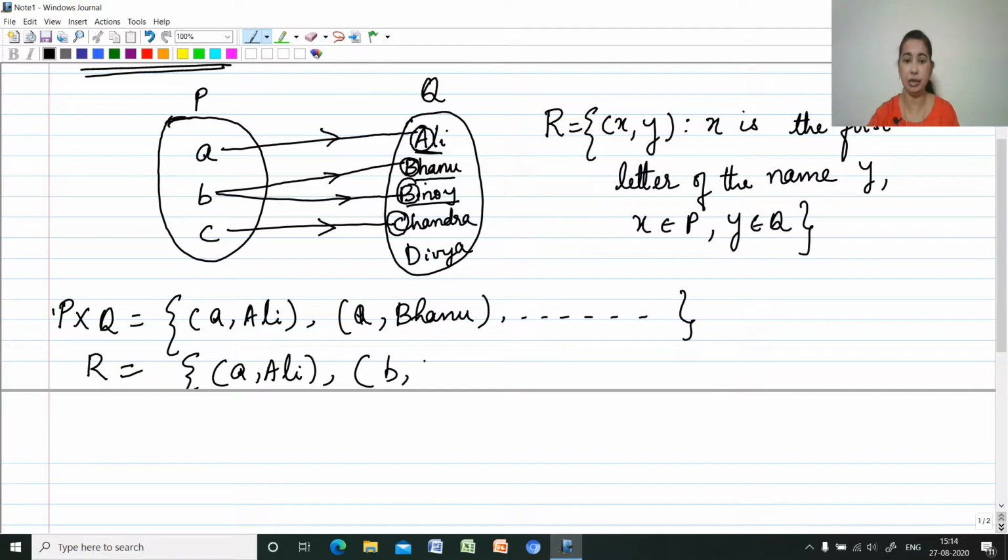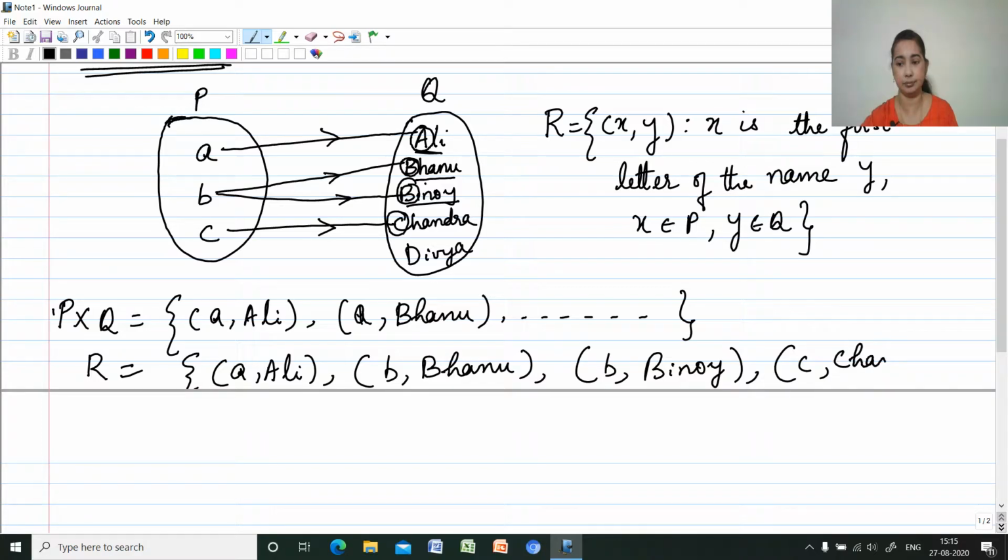Then B comma Banu and also B comma Binoy, and C comma Chandra. No other two elements have any relation. So according to what is given in the relation only, we are supposed to write the elements of the given set.